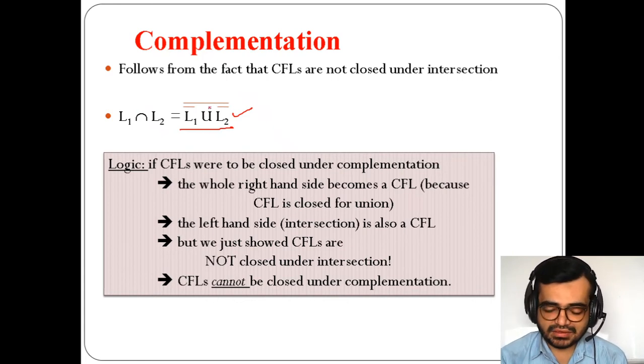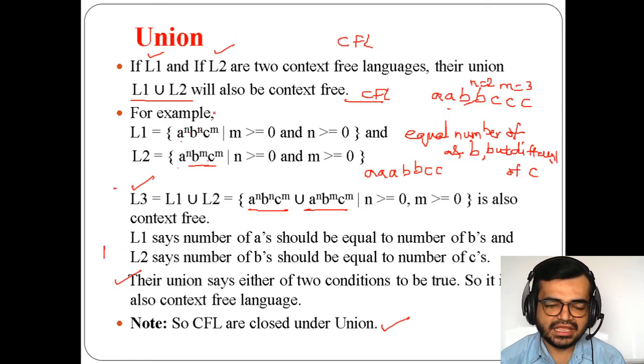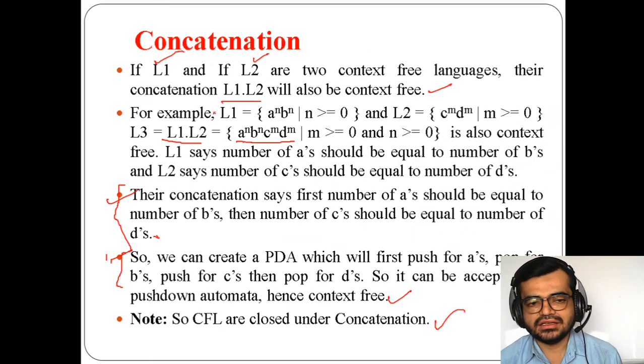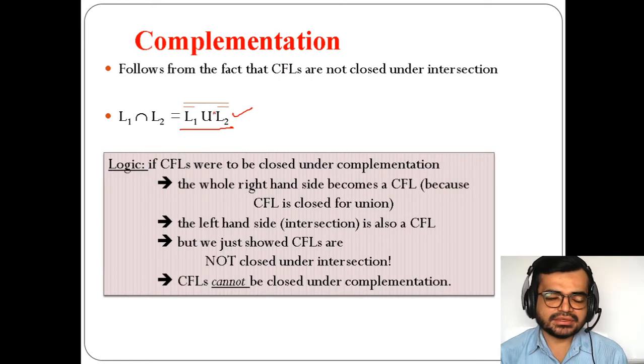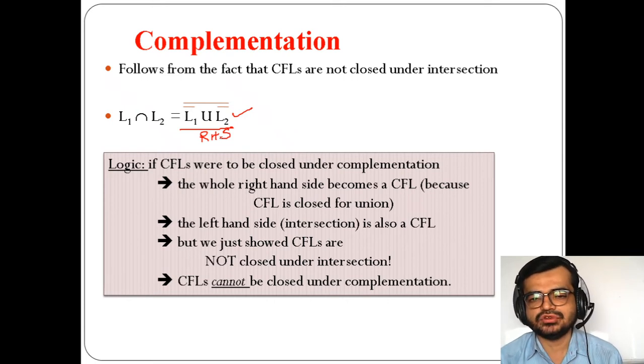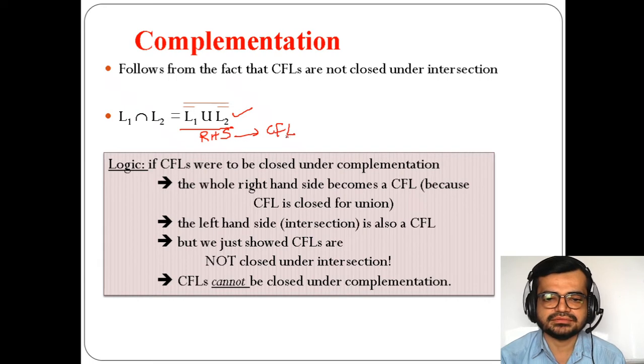Because L1 union L2 is a CFL, the language formed by L1 union L2. So here we have taken union, so we assume the right hand side is a context free language, because of using the union operation here.